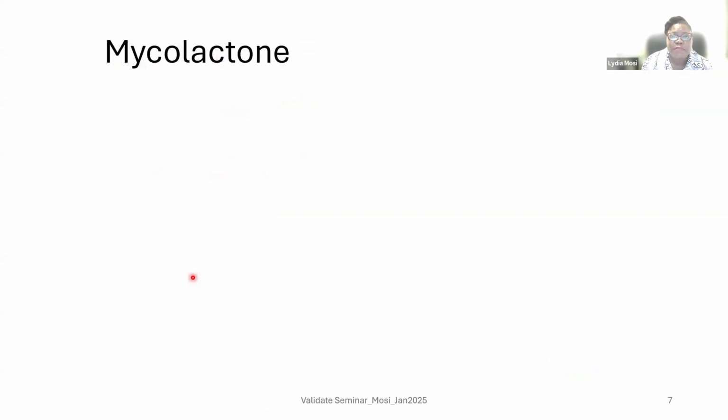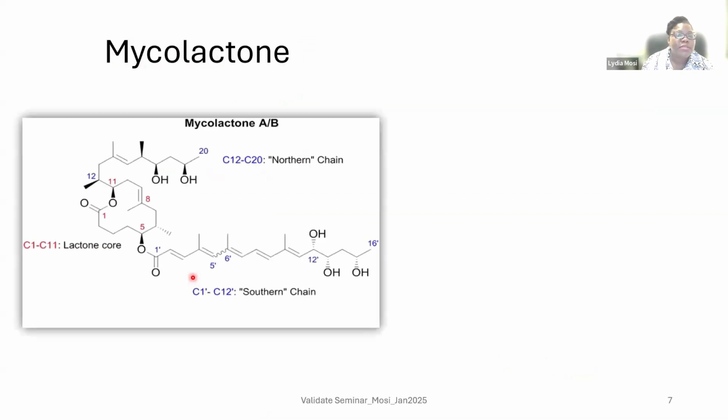Now, the culprit for the pathology that is observed during infection has been identified to be mycolactone. Mycolactone is a lipid toxin, which is comprised of a lactone core and a variable side chain. And I'll explain why it's variable in a few seconds as we go on.